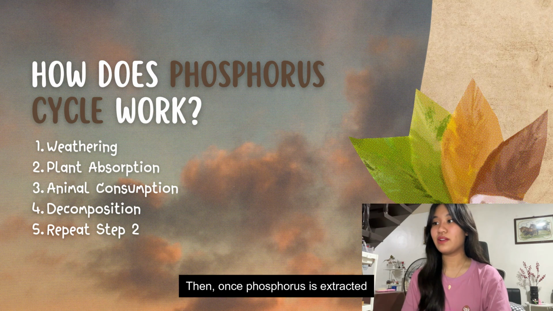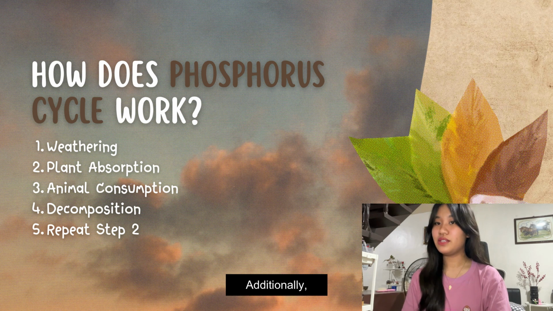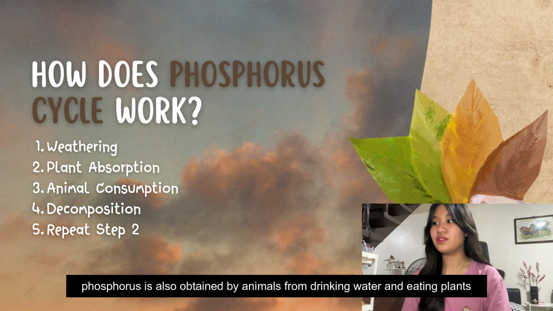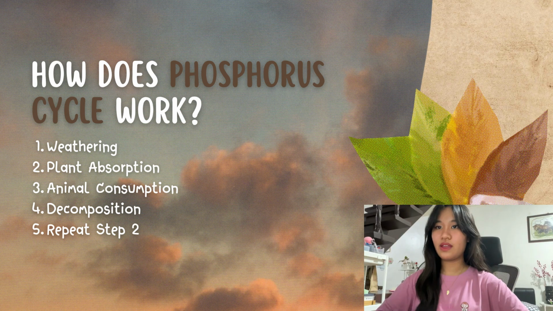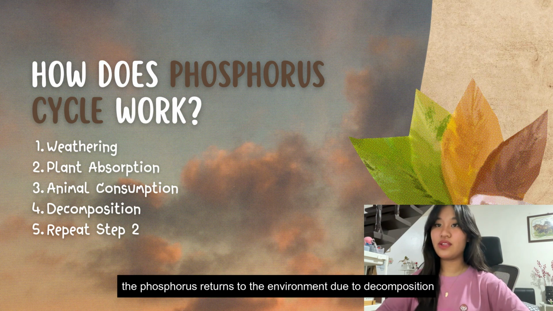Then, once phosphorus is extracted and goes into the soil or is washed into the local water systems, the plants, fungi, and microorganisms absorb the phosphorus and grow. Additionally, phosphorus is also obtained by animals from drinking water and eating plants.